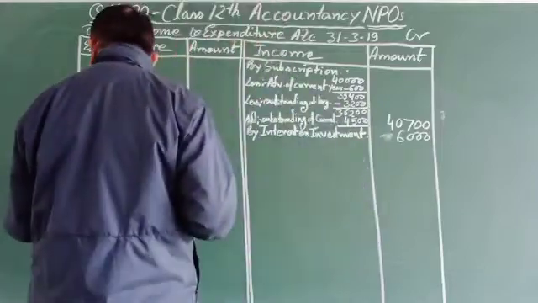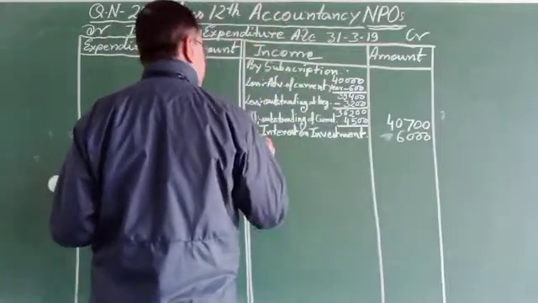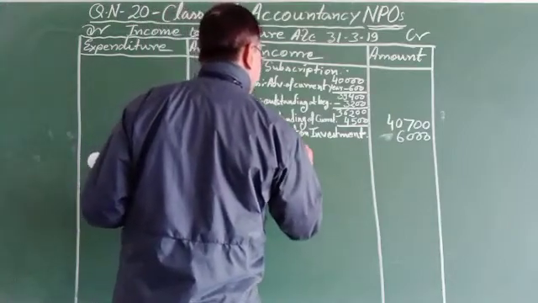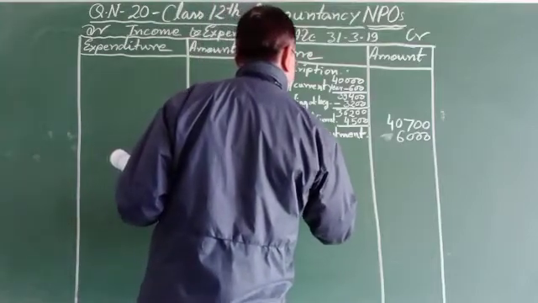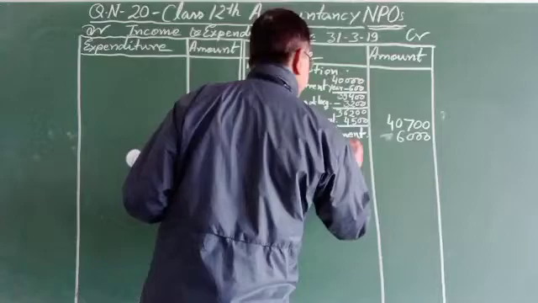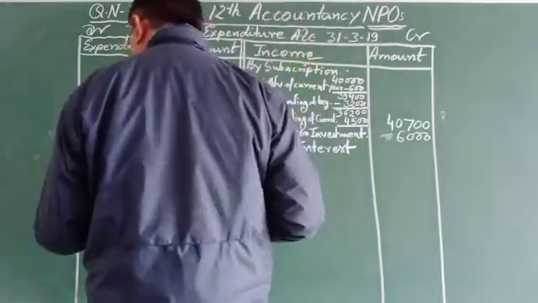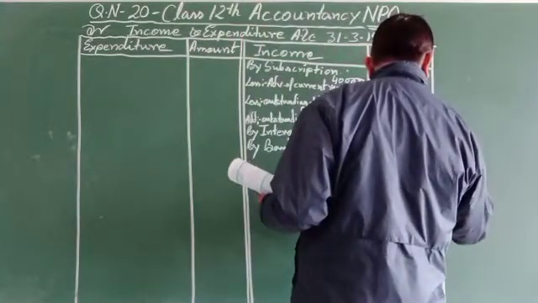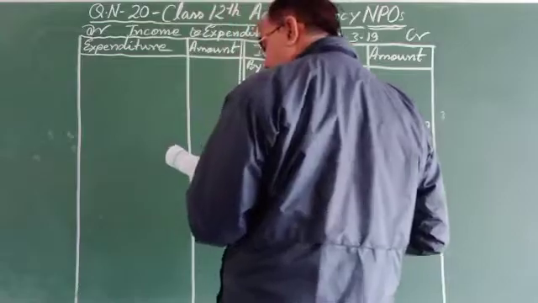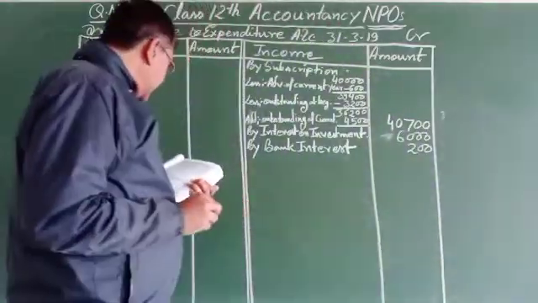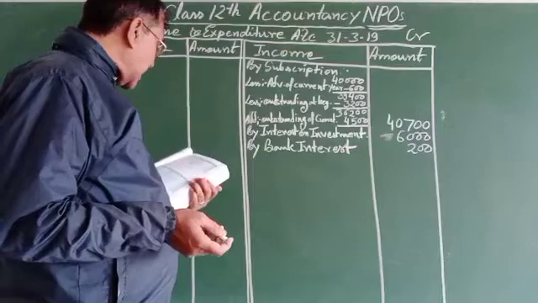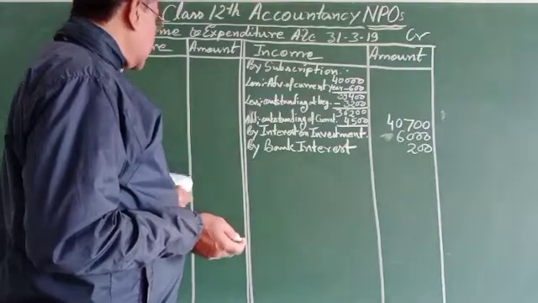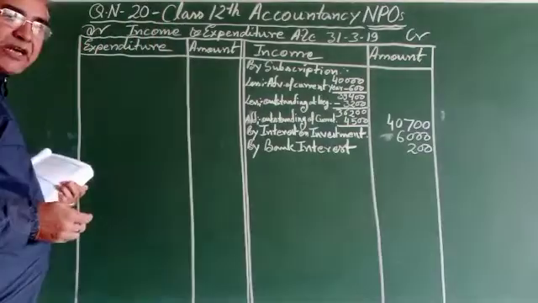Then by bank interest, 200. And to sale of furniture, that is lost, to life membership fee. These are the incomes. And now come to the expenditure column.